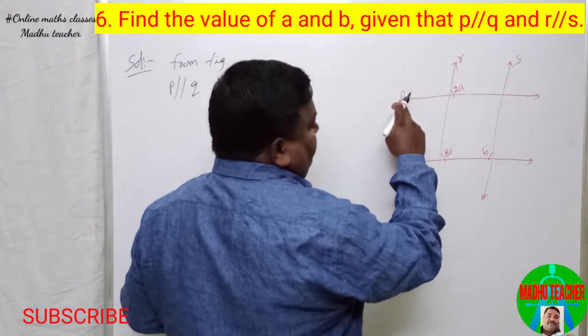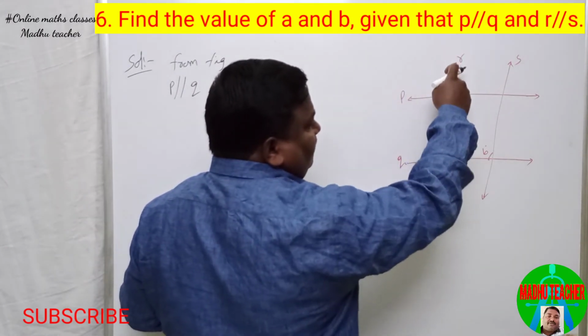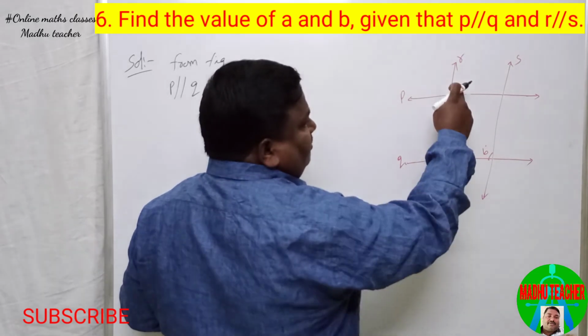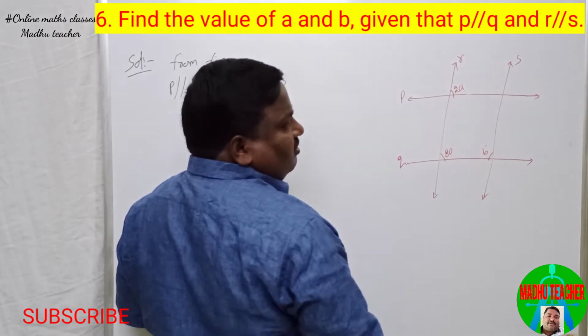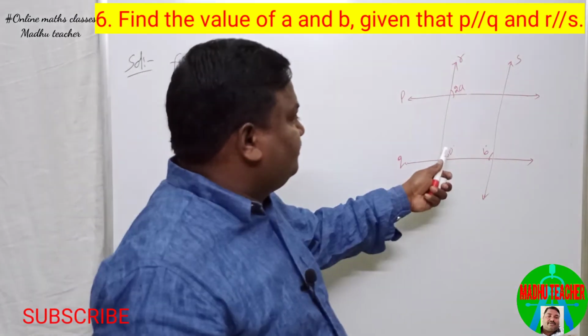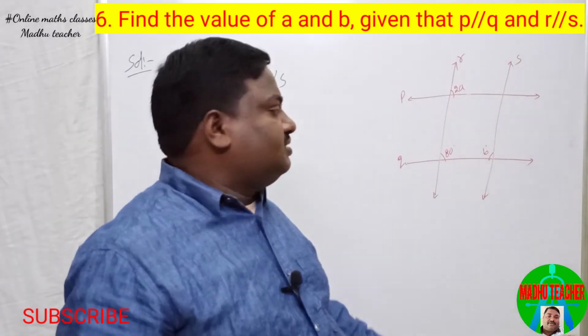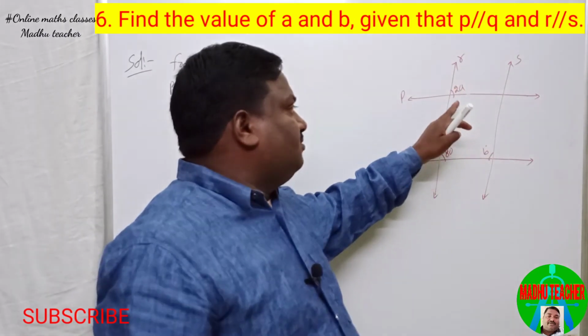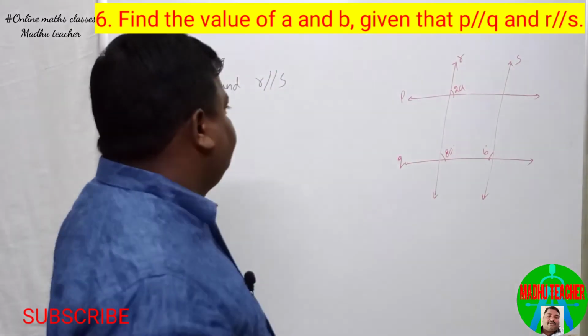If P is parallel to Q and R is the transversal, then 2A and 80 are corresponding angles. Corresponding angles are equal. Therefore 2A equals 80.